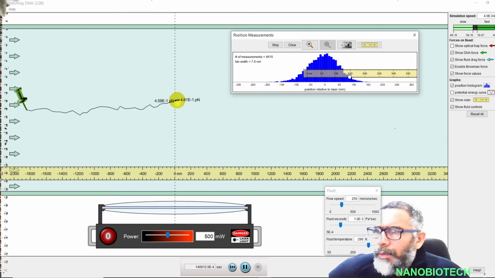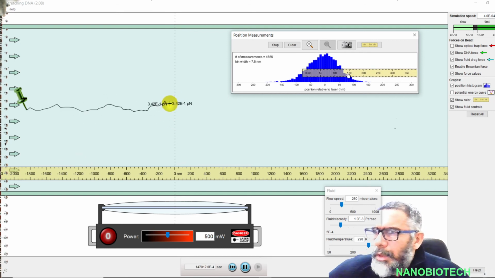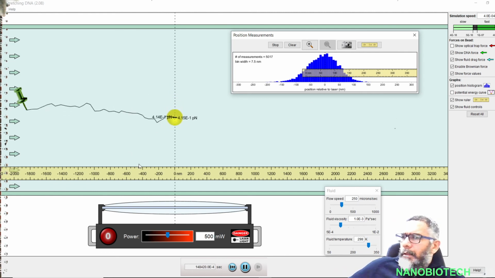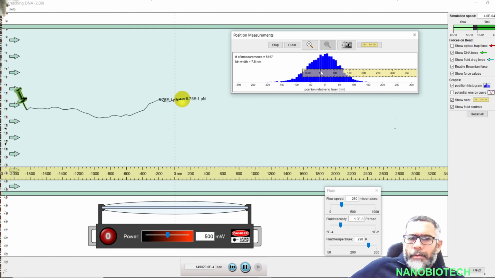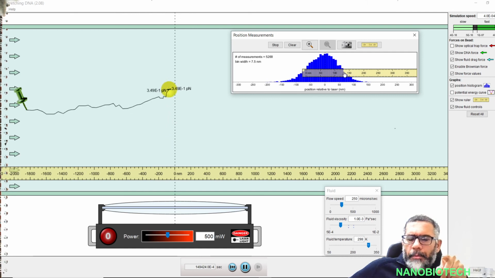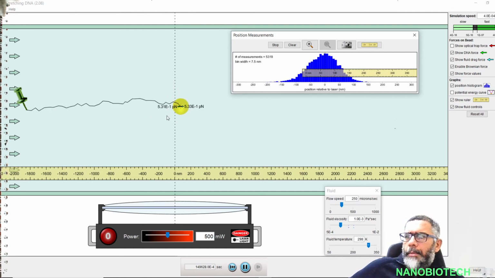For example, here I'm measuring around 0, from here 50 nanometers, 100 nanometers, like 120 nanometers. This is the width that I measure now at the flow speed of 250 microns per second. This is the width of the position measurements histogram in your setup.